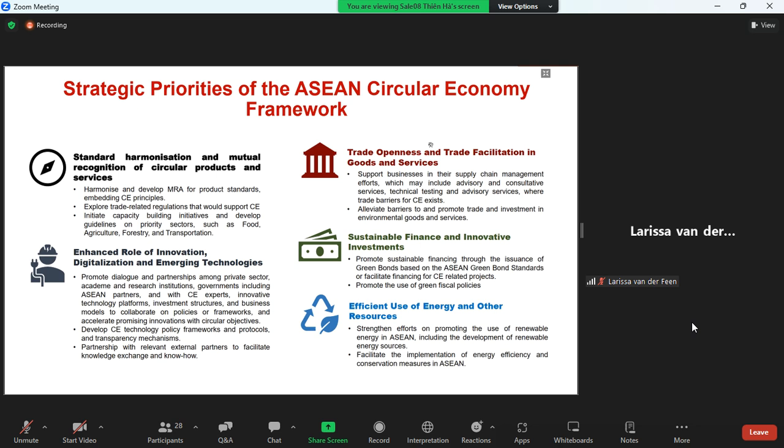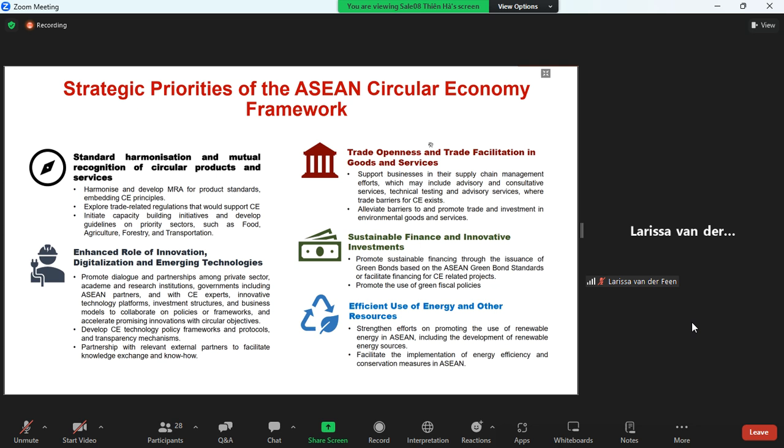Of course, that's the circular economy framework. But the important point is that this is the framework for the ASEAN Economic Community. We collaborate with the ASEAN Secretariat to encourage and develop this framework.